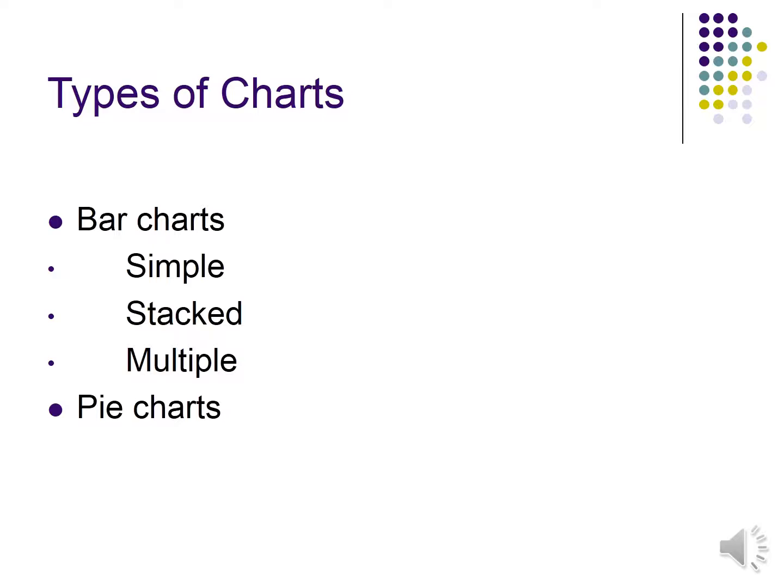For bar charts, we have the simple charts, the stacked charts, and the multiple charts. All these we will see in the course of the lecture. And the pie chart is a chart that uses degrees to represent data. It is multicolored, and the fact that it uses a variety of colors makes it appealing to readers and those who make use of that form of chart.